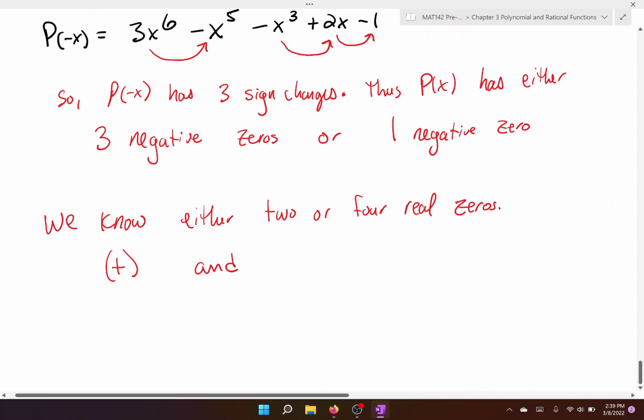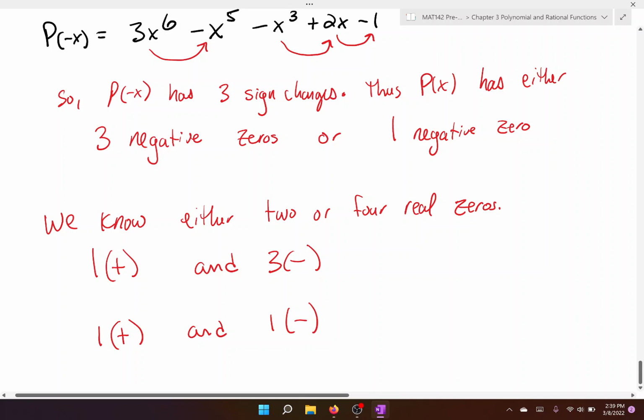So if one of them is positive, then you can have 3 that are negative. So 1 positive root, 3 negative roots. We're definitely going to have some sort of multiplicity here, okay? Or you're going to have 1 positive root and 1 negative root with a bunch of multiplicities, okay?